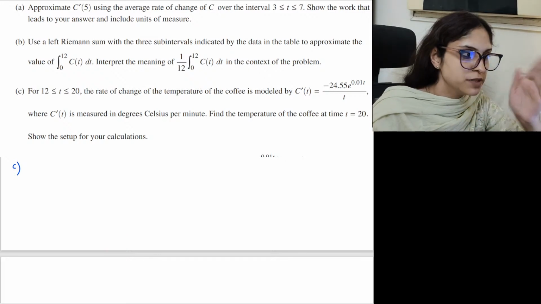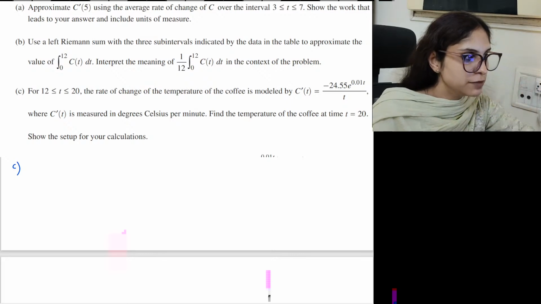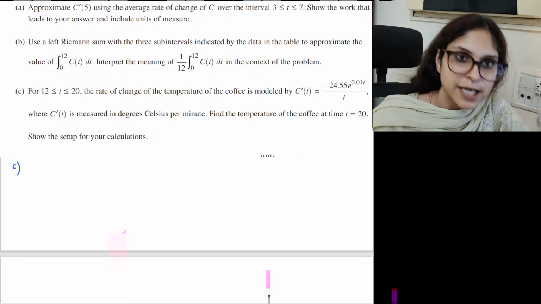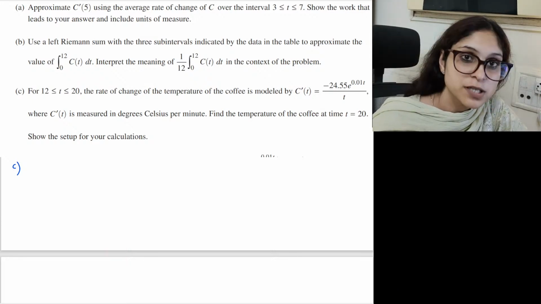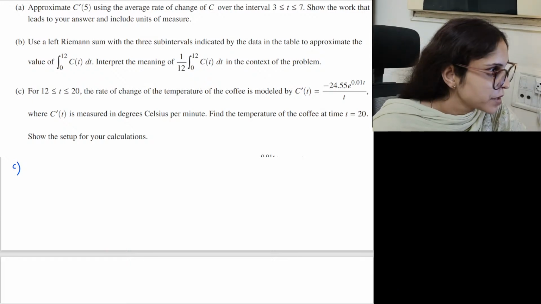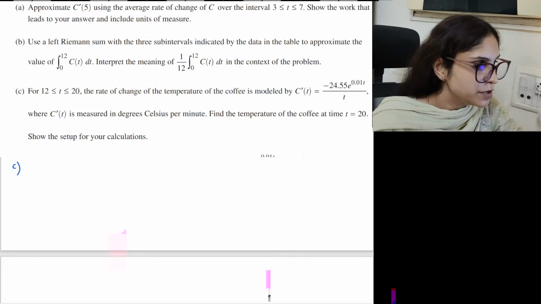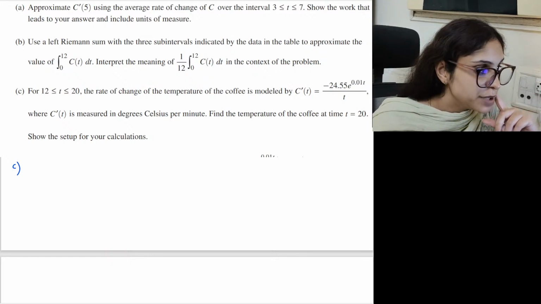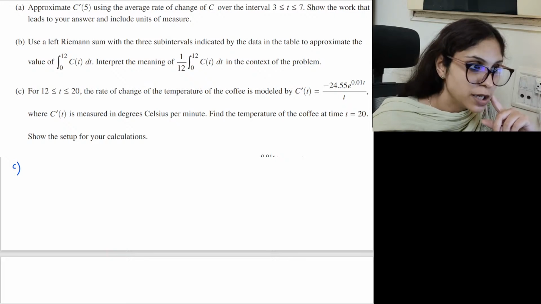So from 0 to 12, the table was given, but from 12 to 20, they have given us the equation. They are saying that C'(t) is negative 24.55 e to the power 0.01t divided by t. And C'(t) is measured in degrees Celsius per minute. Find the temperature of the coffee at time t equals 20. Show the setup for your calculations.